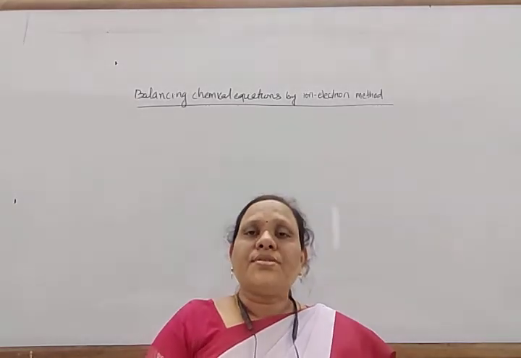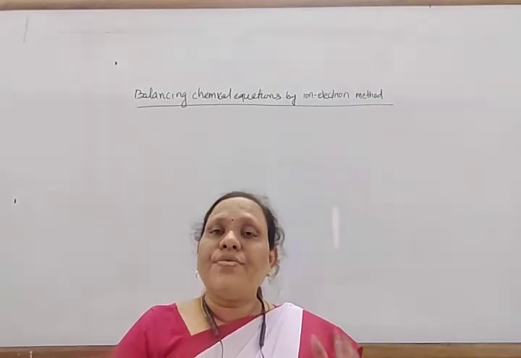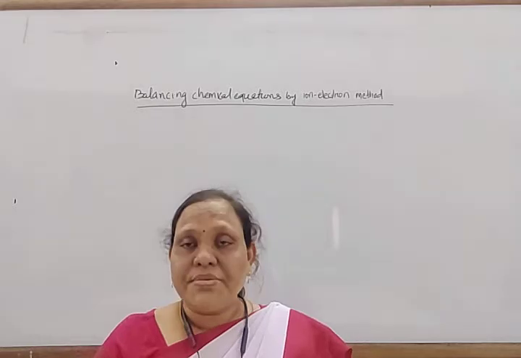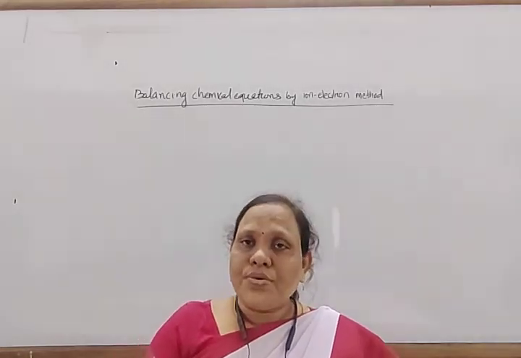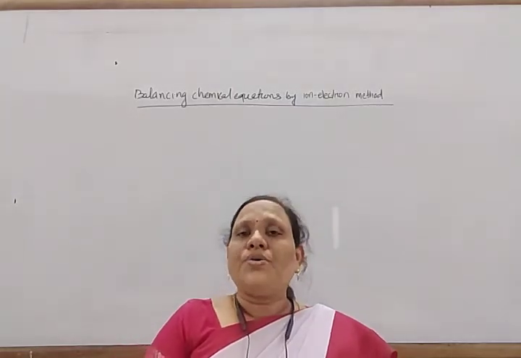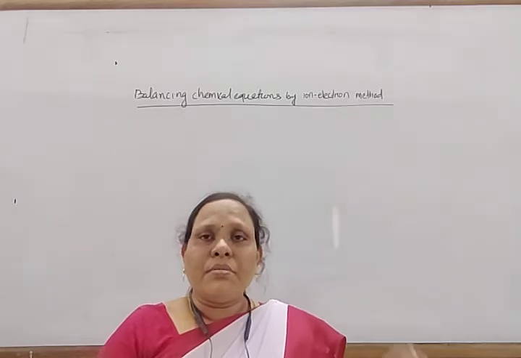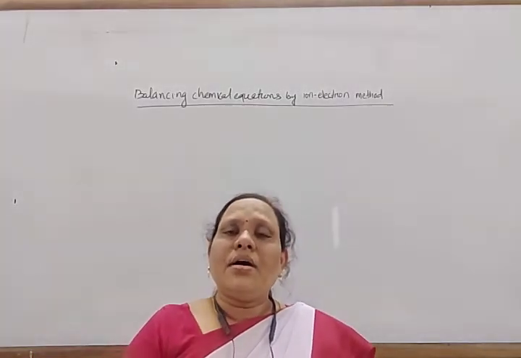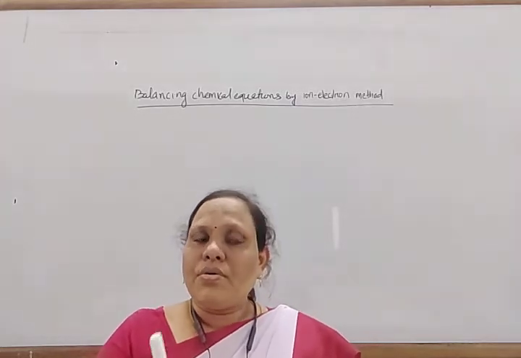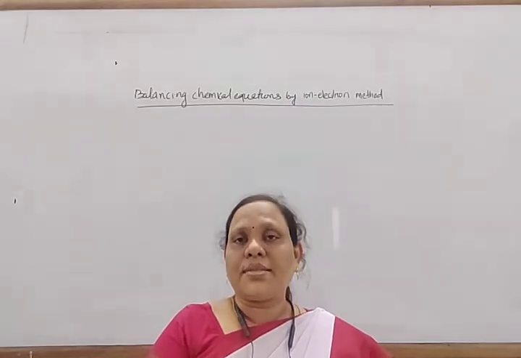Add the number of electrons on that side where it is deficient, or where more positive charge is present. Then to balance hydrogen in acidic medium, you add the number of H plus ions, and to balance oxygen, add the number of water molecules, same as in your oxidation number method.